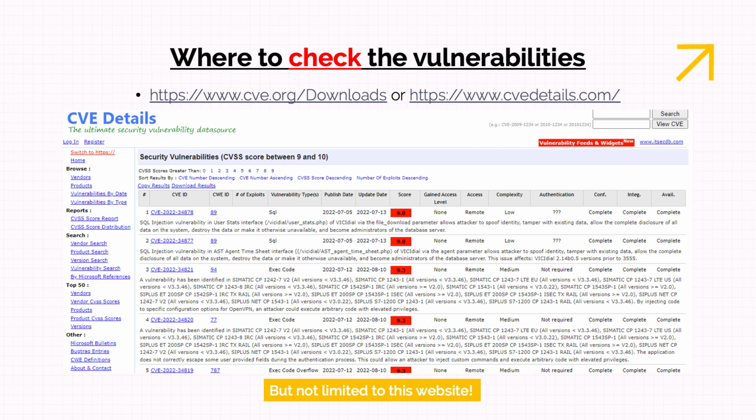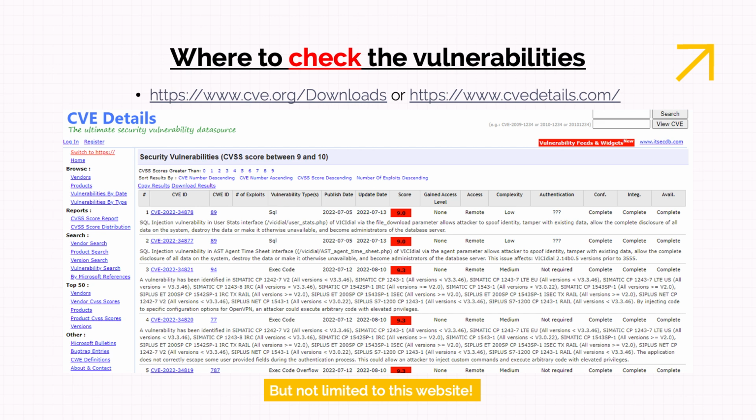Okay, remember in our security, this kind of website is very famous and very common, because when the experts talk about security, they always talk about the specific CVE library. That's the vulnerabilities list. So you can see CVSS scores between about 9 and 10.